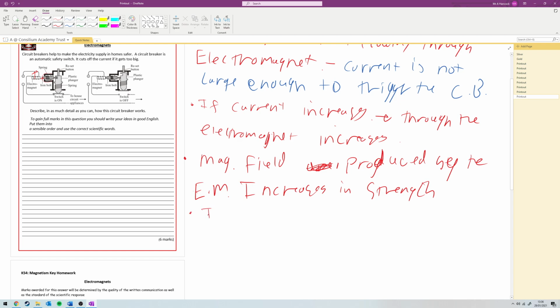So, iron bolt becomes an induced magnet. It's attracted. Actually, that's a separate point. It becomes an induced magnet and is attracted to the electromagnet.